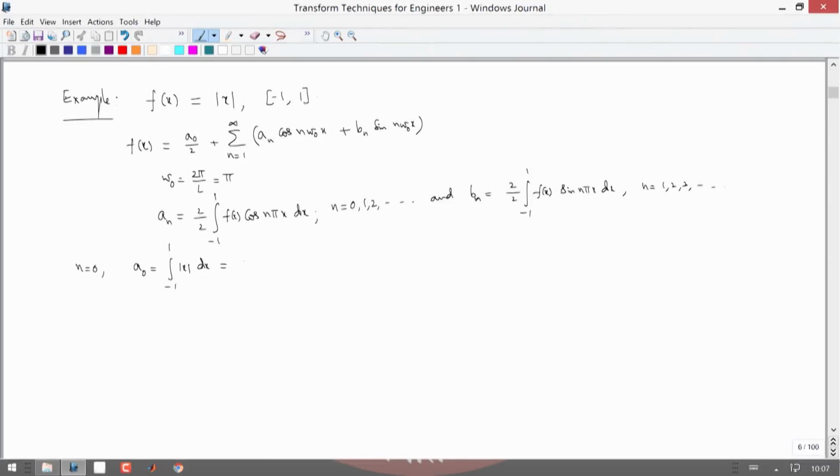If I actually see this, this is 0 to 1 x dx, and on the negative side, -1 to 0, mod x is minus x. So, I have this dx. If I calculate this, it is x square by 2, this is half minus of minus half. So, that makes it 1, and n is running from 1 onwards.